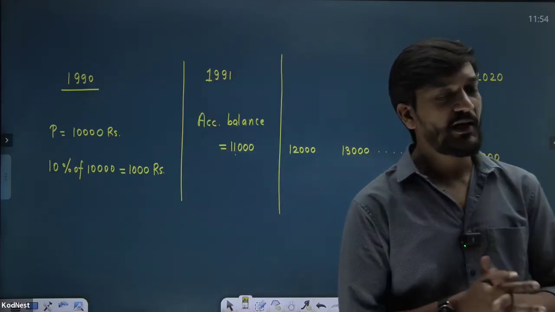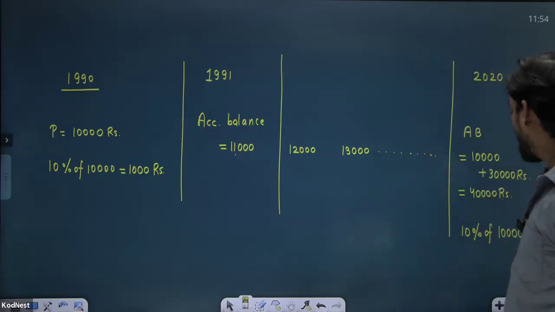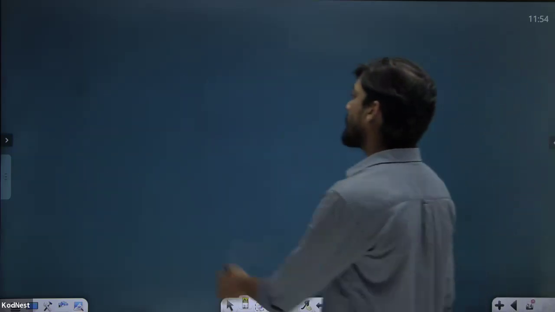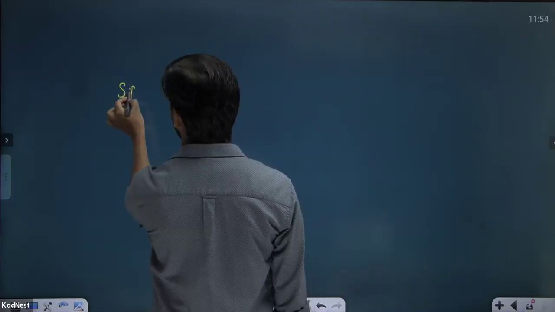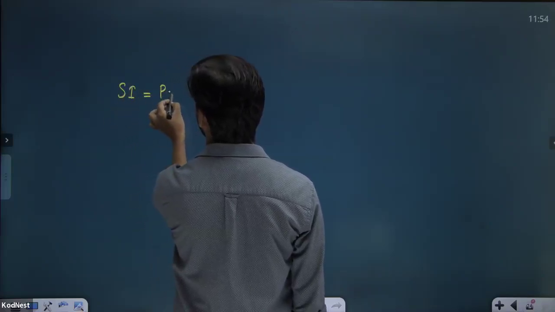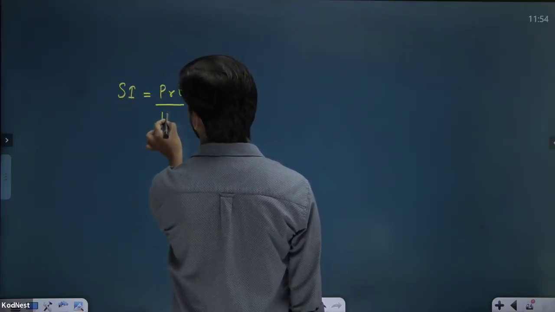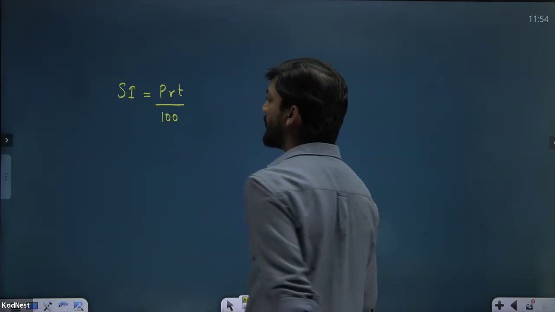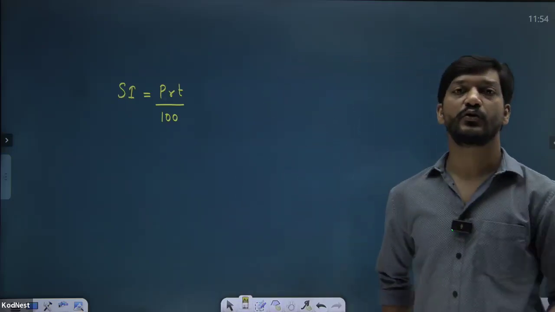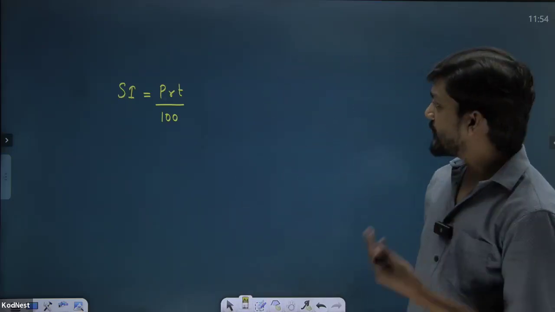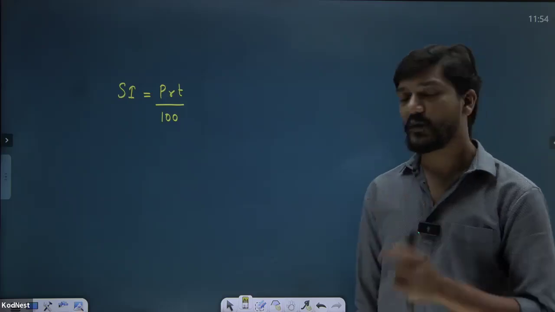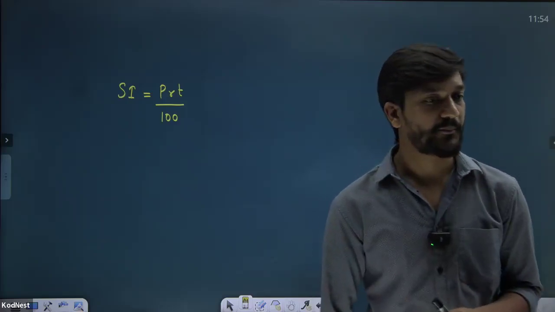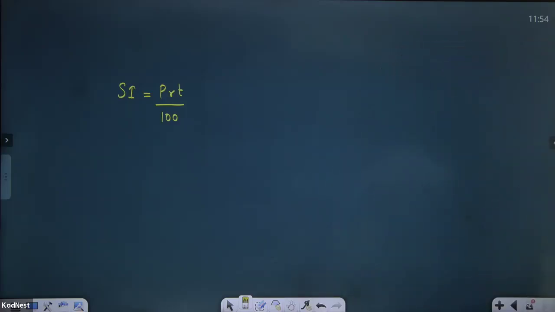Now, you might be already familiar with the formula. The formula of simple interest goes like this. A very simple formula which you all know. So principal, rate and time divided by 100. It is a very simple formula in which values are related by product.